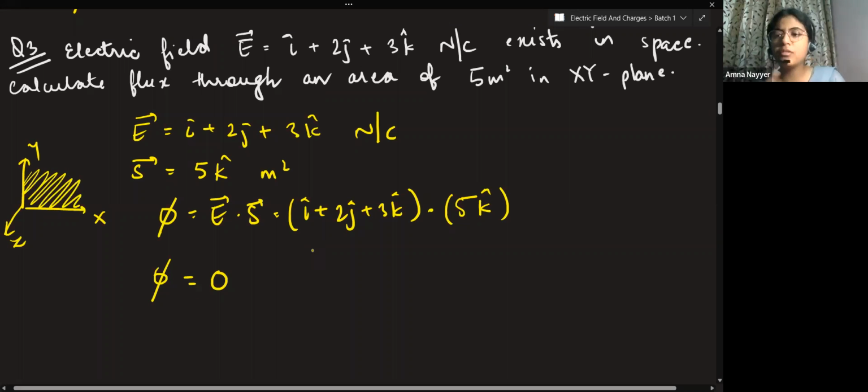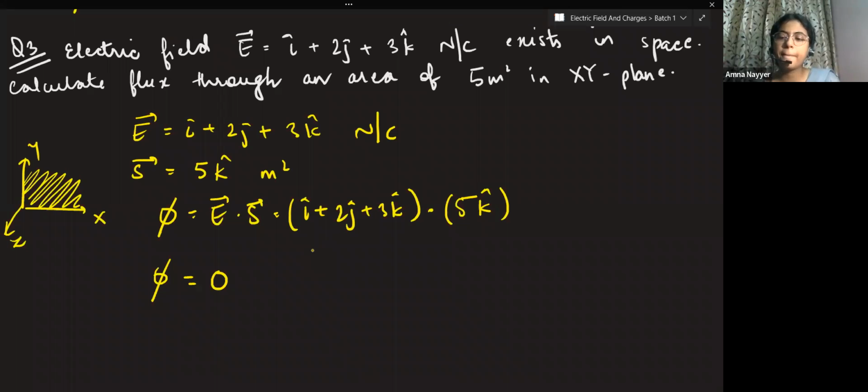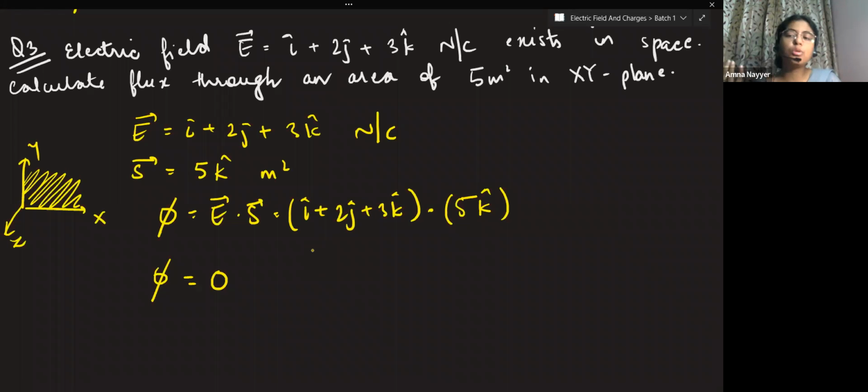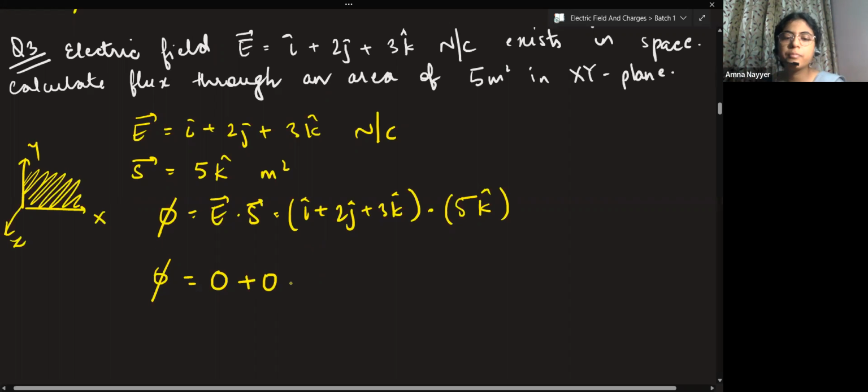What is the coefficient of J cap from the electric field? 2. Yes, 2, and there is no J cap in the surface area. It means 0. Again, 2 multiplied by 0 will give you 0 only.